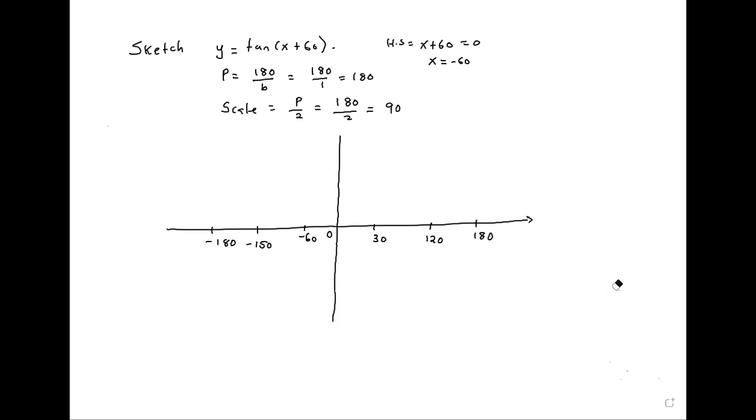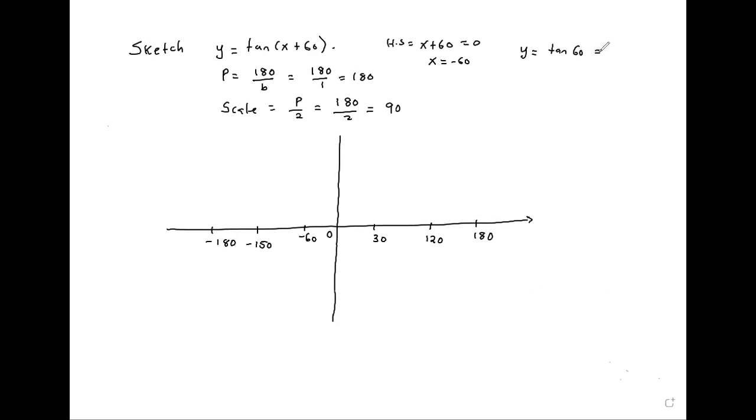Okay. So now let's see what we get. Suppose we don't know anything about tan, so I want to calculate the values of tan. Let's start from 0. y is equal to tan, when x is 0, we get 0 plus 60, which is 60.